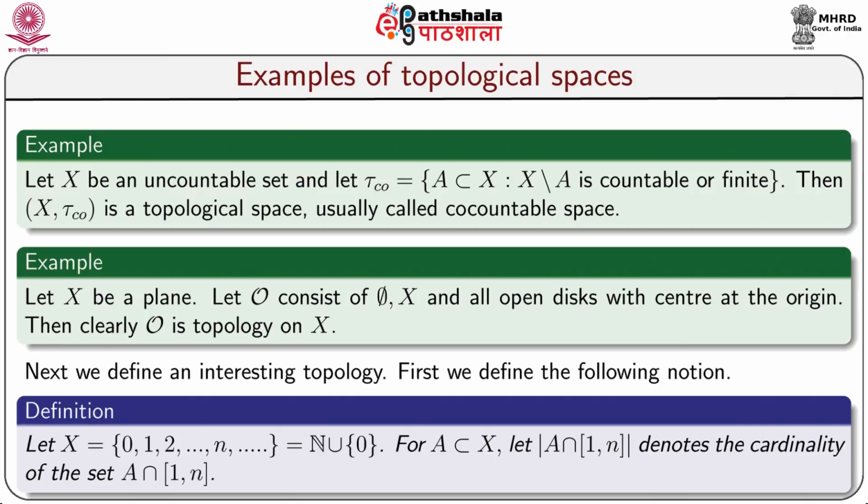Before that, we define the following notion. Let X be the set of all non-negative integers, that means 0, 1, 2, and so on. For a subset A of X, let us consider the cardinality of A intersection {1, ..., n}.